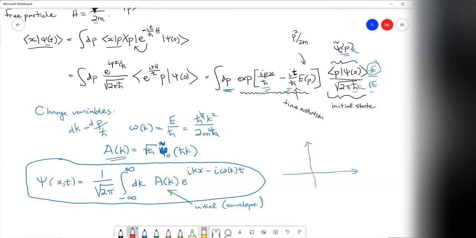And so your initial wave function, what is it? Well, we're thinking about a particle that's hanging out at some position x. So your initial wave function is going to be localized at some position, x naught, say, and it's going to have some momentum p.